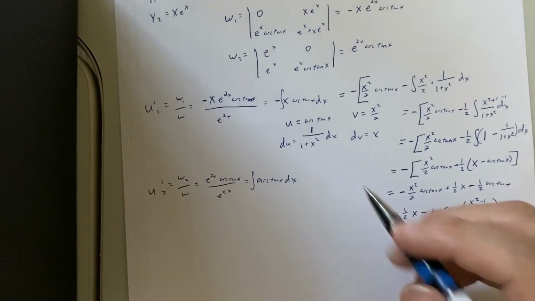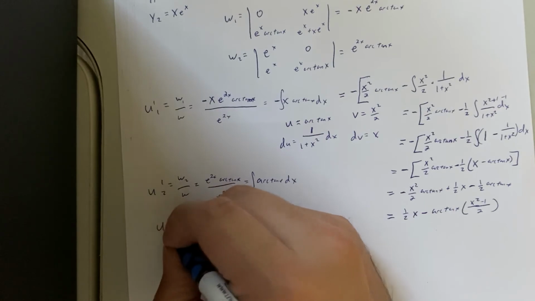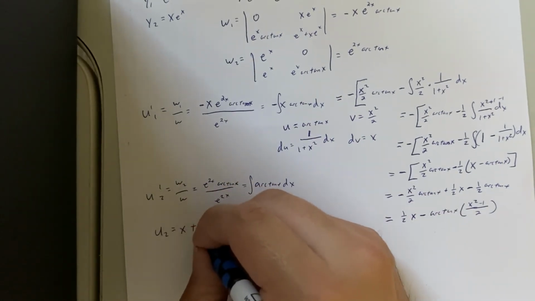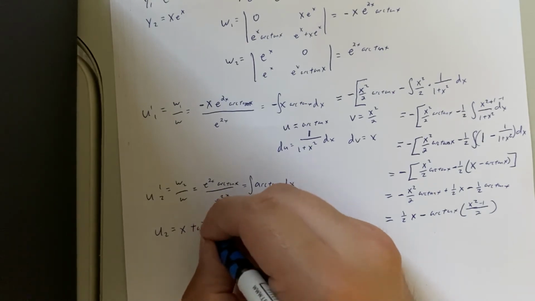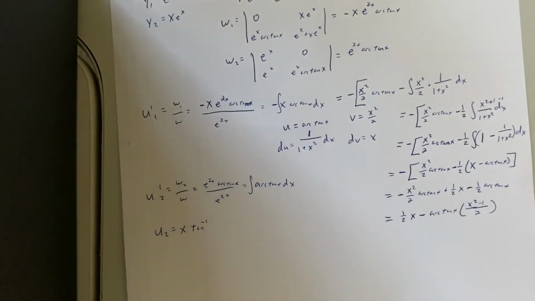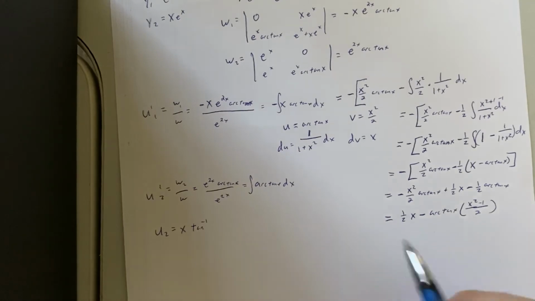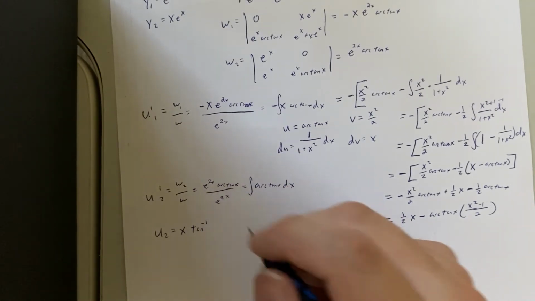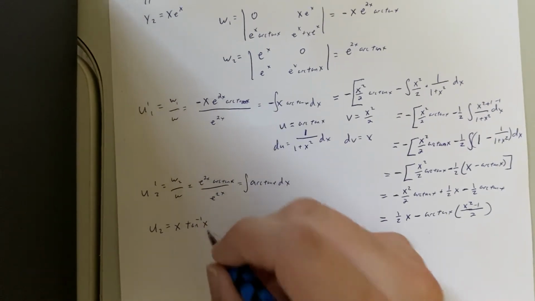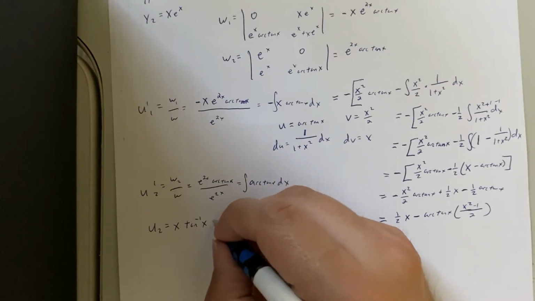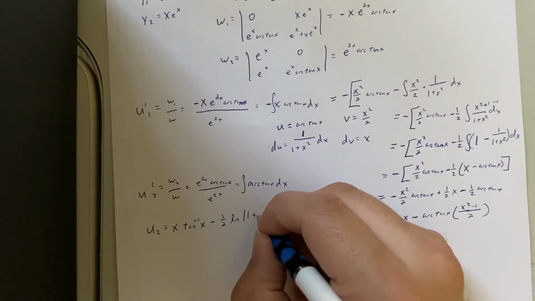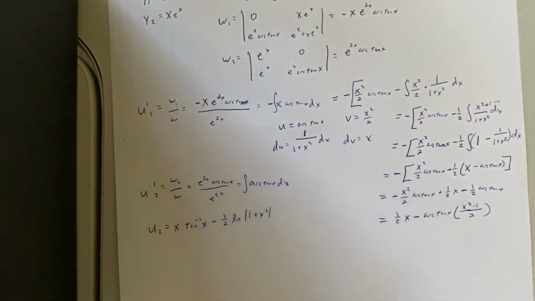And if I did that, then u sub 2 is going to equal x inverse tangent x, I'll say inverse tangent instead of arc tangent, it's a little easier to write, minus 1/2 natural log of 1 plus x squared.